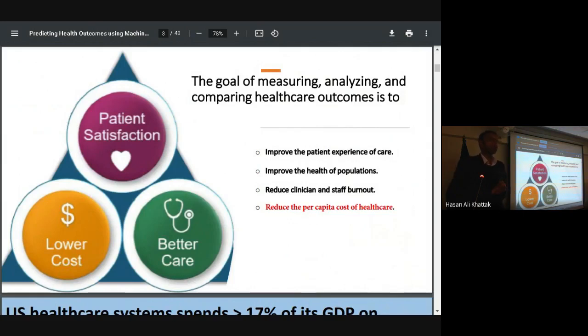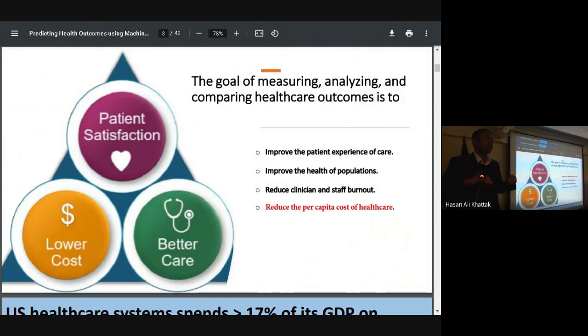The staff and doctors are working long shifts, so how can we reduce their burden by developing clinical decision support systems or assistive technologies that could help facilitate their work? And last but not least, how we can reduce the per capita cost of healthcare.